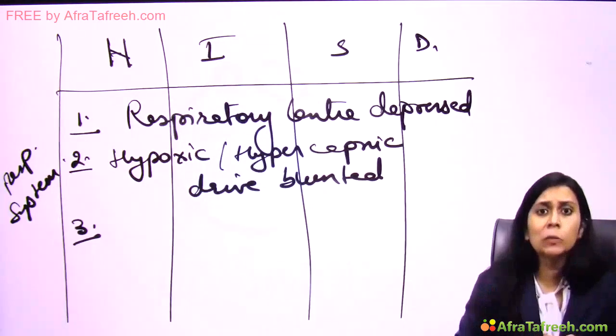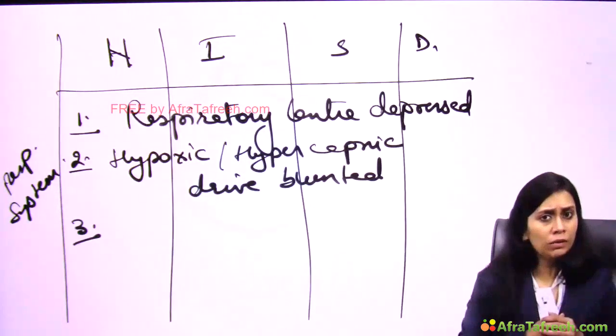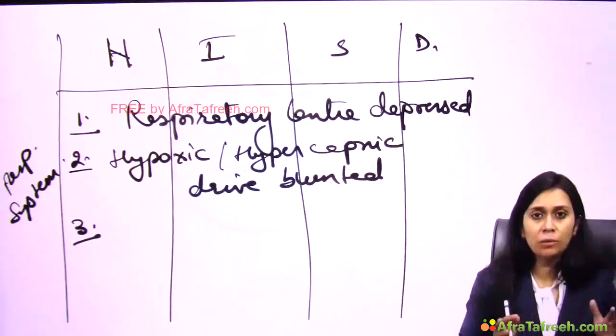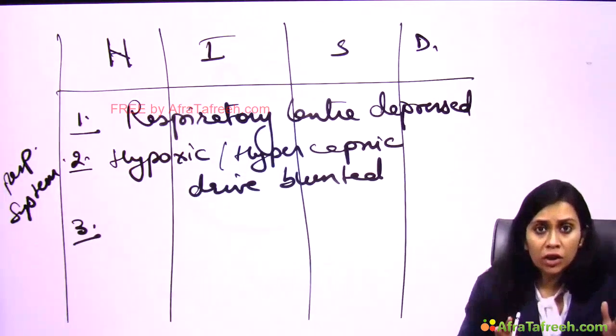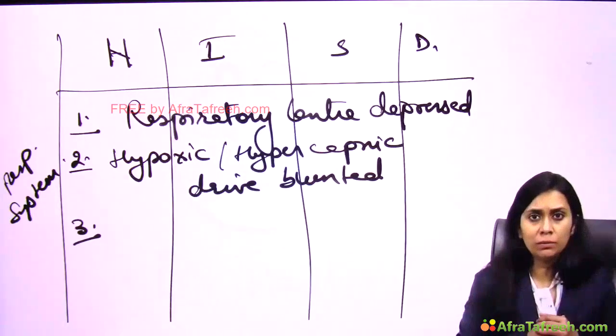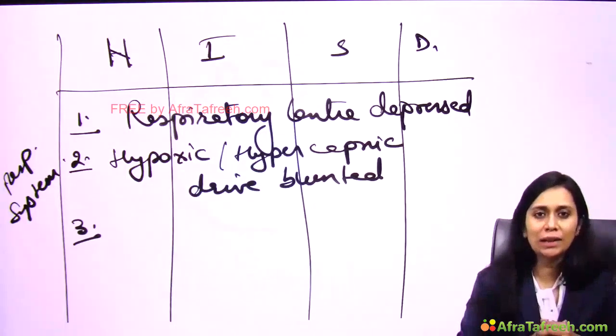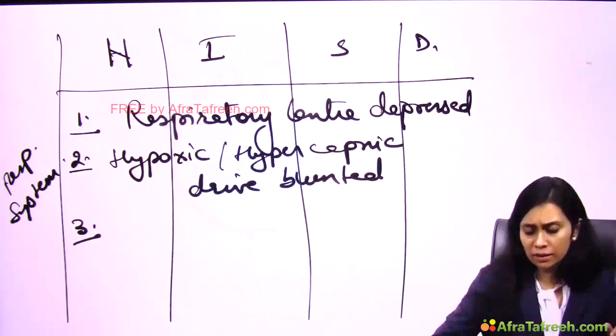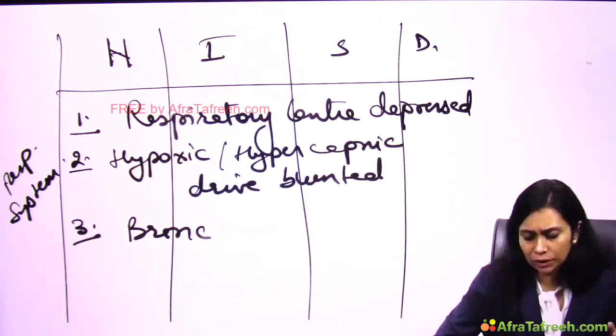Third effect is on bronchus. Guys, what do we want our agent to be? Bronchoconstrictor or bronchodilator? Definitely bronchodilator. Bronchoconstriction would cause obstruction. And thankfully, most of the agents are bronchodilator. All inhalational agents are bronchodilator.